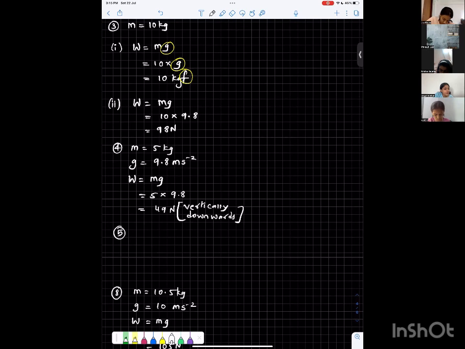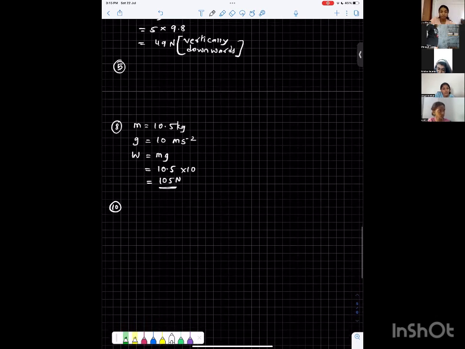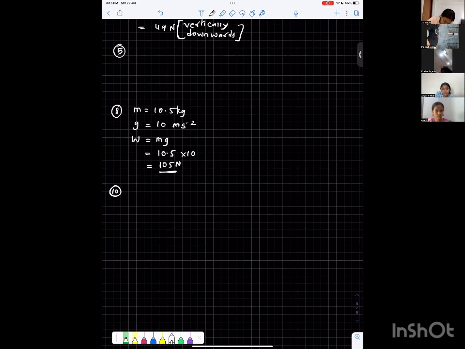So in the fifth one, should we take gravity as 10 or 9.8? Yeah, I'll scroll it up. All are done, third one. If you're not getting 5, 10, let me know.